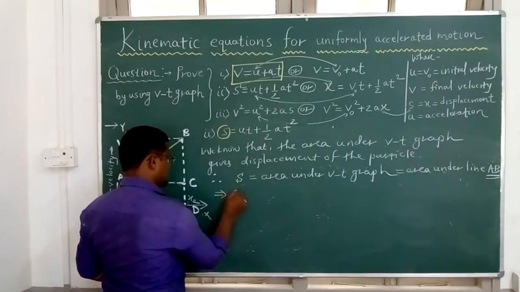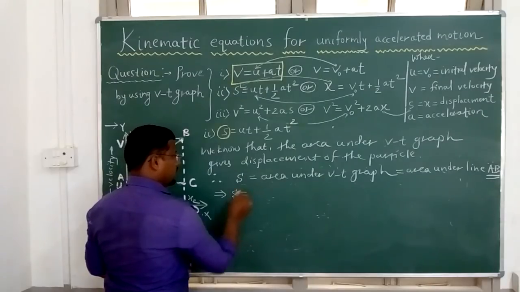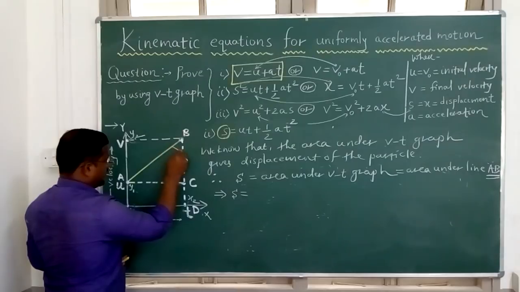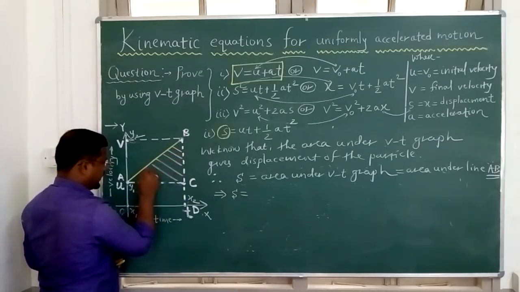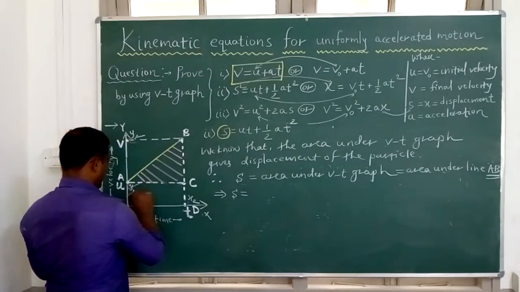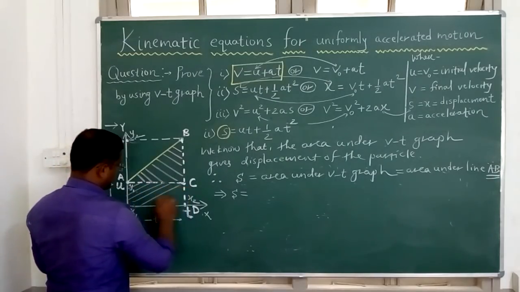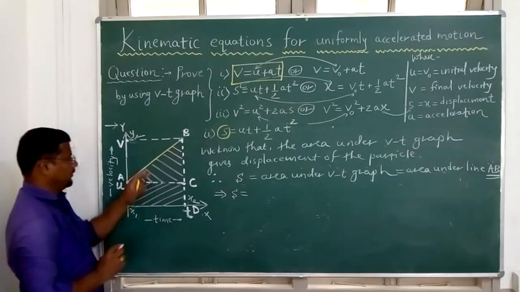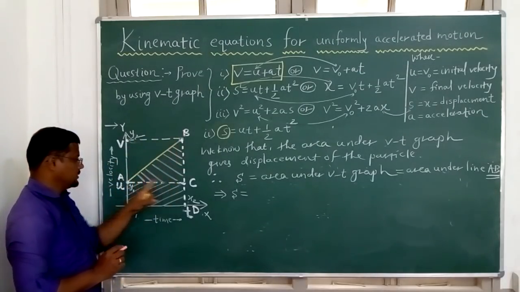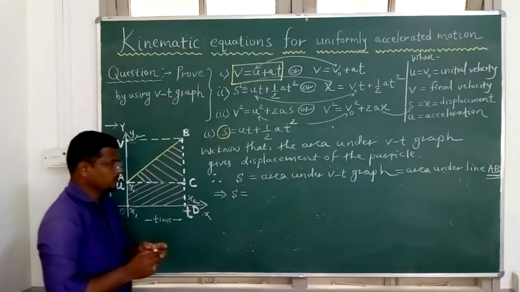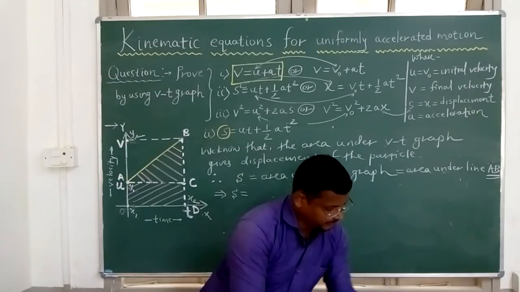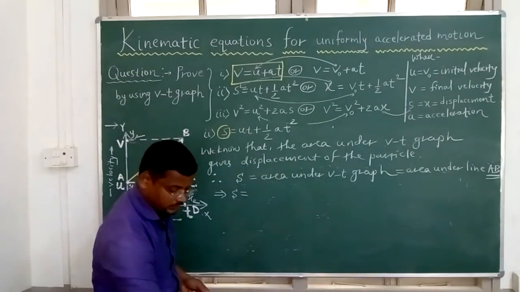This implies s is equal to the area under line AB. It is the area of this triangle plus the area of this rectangle. Yes or no? This area under AB is a combination of a triangle plus a rectangle. So I can write like this here, and the same thing is in your notes also.